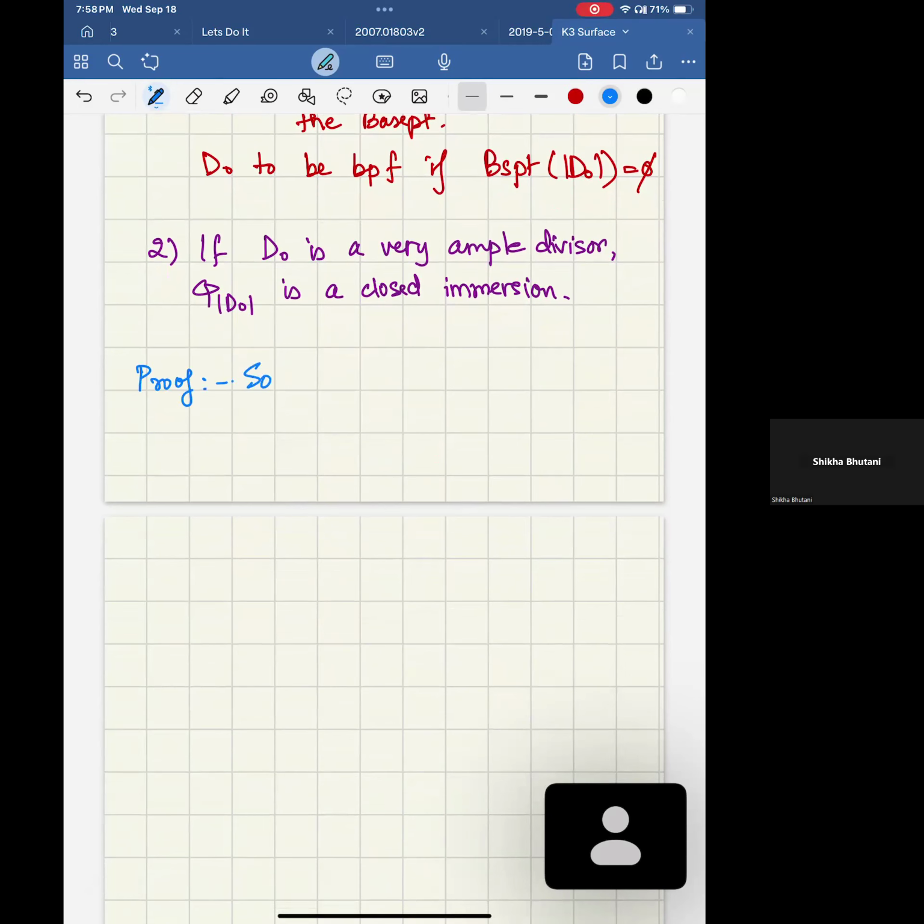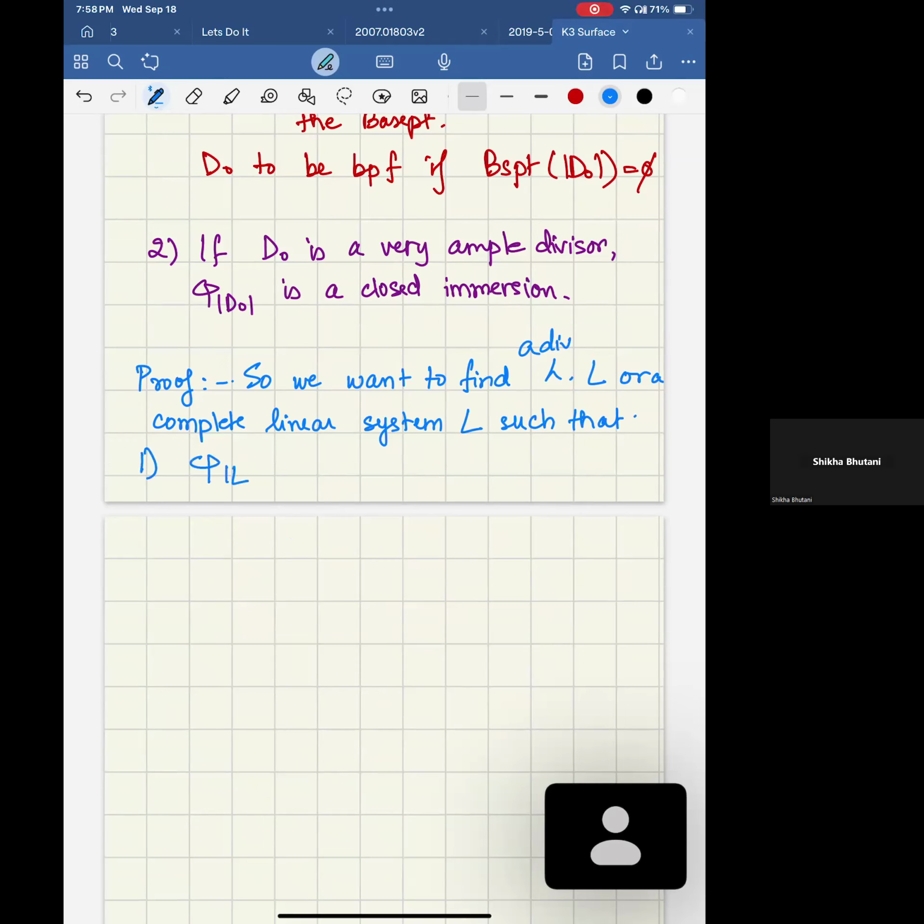So basically, we want to find a divisor L, or a complete linear system L, so that the following two properties hold.